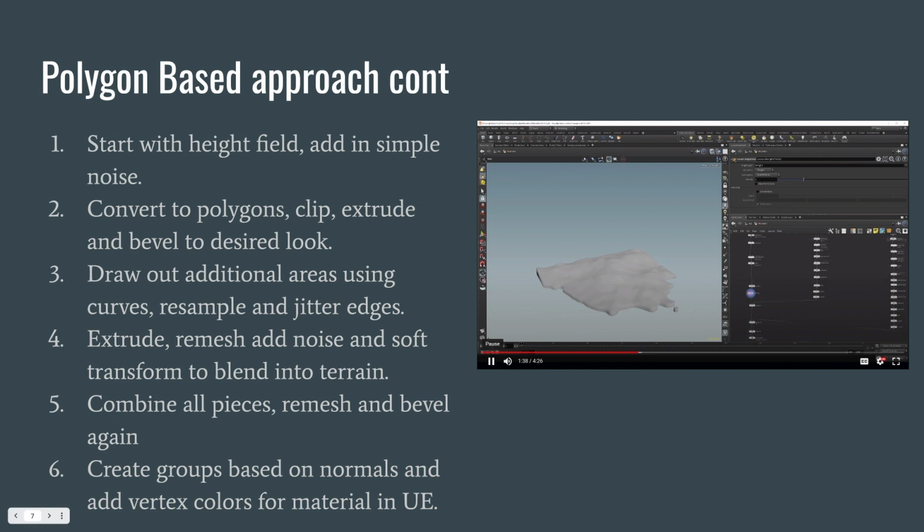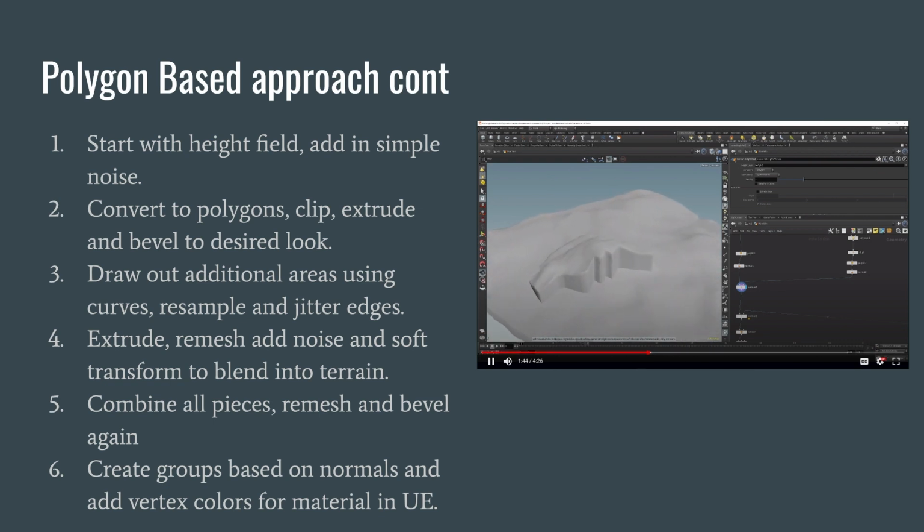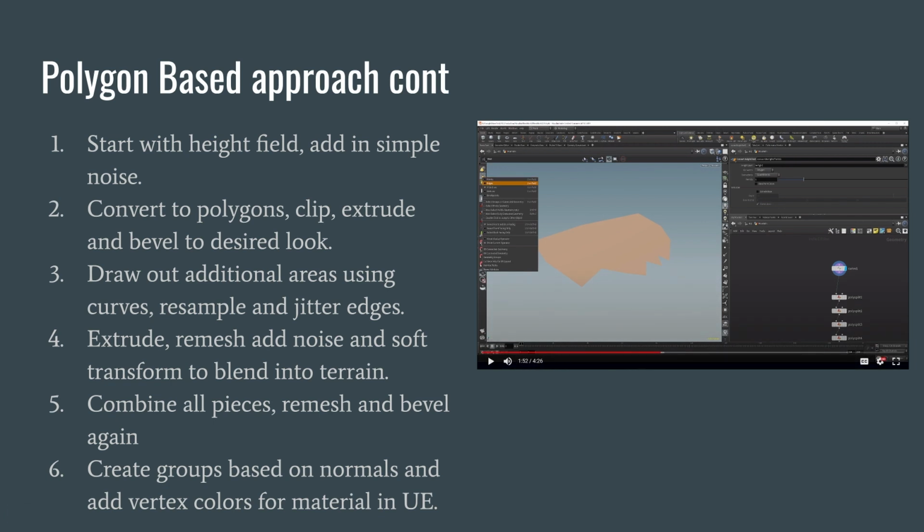And then, I think this is a cooler part, in terms of creating these auxiliary side mountains, we just draw out a very simple curve, and you can be very, very loose with this because we're going to resample it, jitter the edges, and use Houdini to make ugly shapes more interesting.